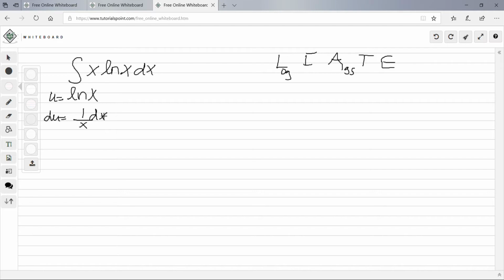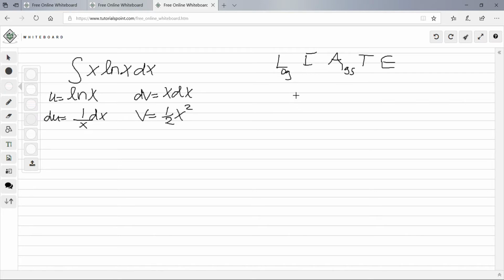Right, and then our dv is the last one, which is algebraic. So dv equals x, and then don't forget the dx, x dx. And then if you take the integral of that, you should get 1/2 x squared.